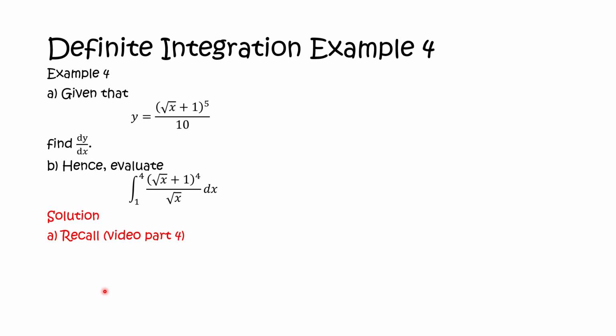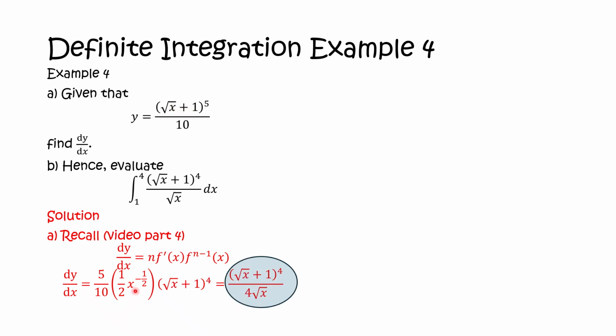Right, so the first part is to make sure that we recognize what our n is so that when we differentiate this, we are able to do so without any hassles. So our n is 5, and the function inside the parentheses is square root of x plus 1. Differentiating that would give us 1 over 2 times x to the power minus half.